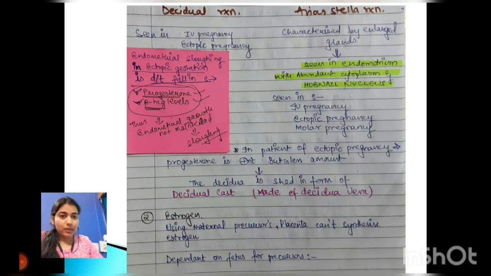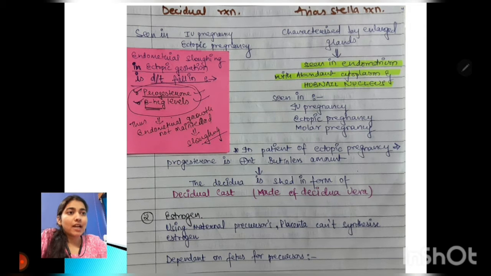So, what is the decidual reaction? When the endometrium is converting into decidua, this is a decidual reaction, seen in normal intrauterine pregnancy and also in ectopic pregnancy. Ectopic pregnancy is when the implantation of the placenta of the fetus is not in the uterus but rather in the fallopian tube, or maybe some other sites like the ovaries or abdominal ostium.